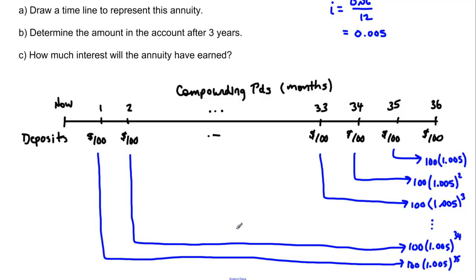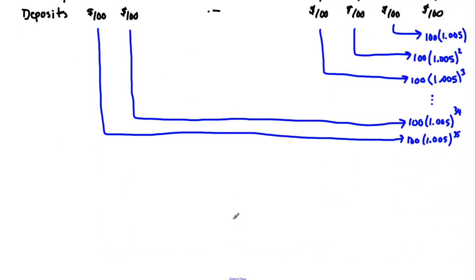Okay, so now let's use our formula to determine the amount in the account after 3 years. Remember, the formula is future value equals R times 1 plus I to the exponent n minus 1, and all of that divided by I. Our regular payments were $100.